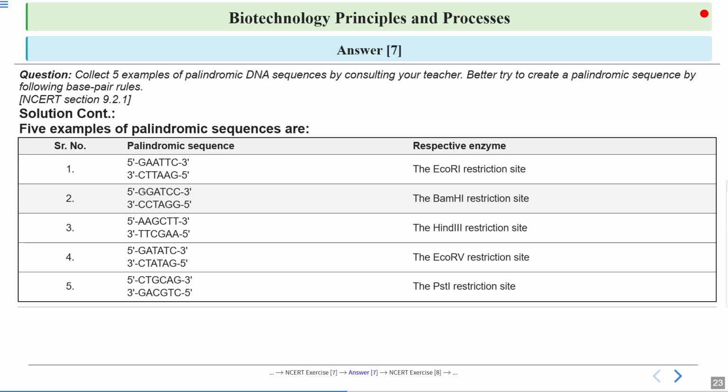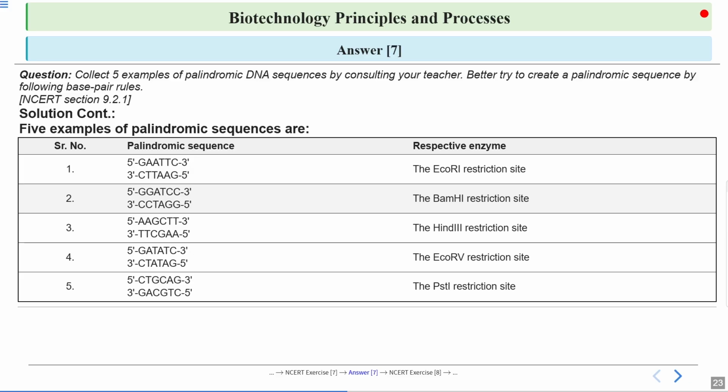So if you read Malayalam this side or Malayalam this side, it will be the same. Similarly, the nitrogenous base arrangement on the strand of the DNA will be the same, right? So this is the restriction site for BamH1.